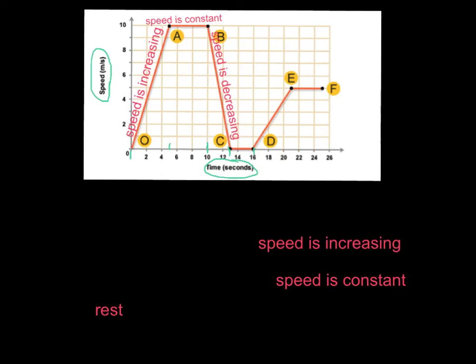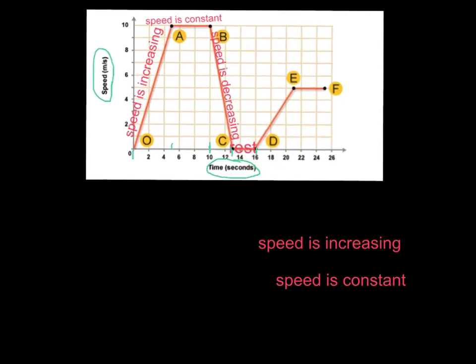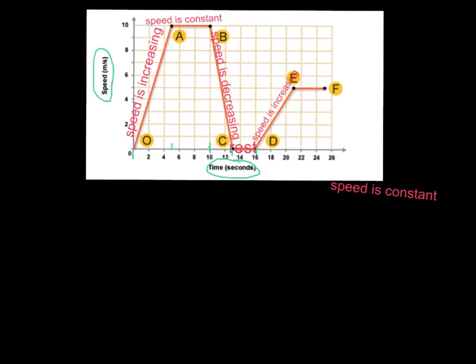So there is no speed. You could think of that as being at rest. And then it goes back to the speed is increasing. And then when it's flat, the speed is constant. It's not changing. So here I have analyzed the relation between time and speed and have described every part where the graph changes.